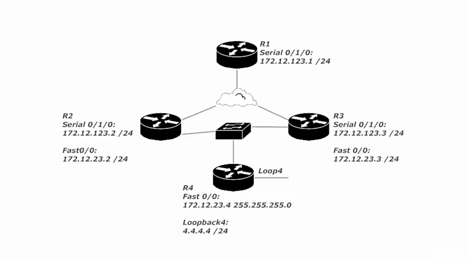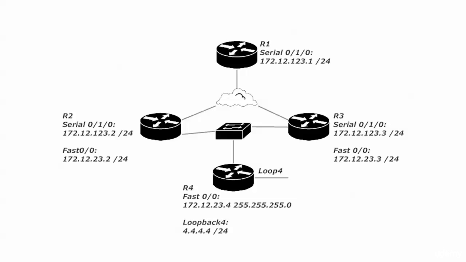I've got a cute little way to test load sharing and introduce you to the traceroute command at the same time. But first things first, you can see what I've done here is taken our original serial network, our original frame network between routers 1, 2, and 3, 172.12.123.0/24, and I've added a 172.12.23.0/24 subnet.